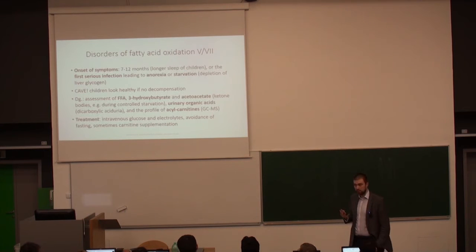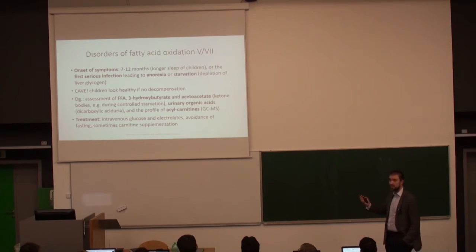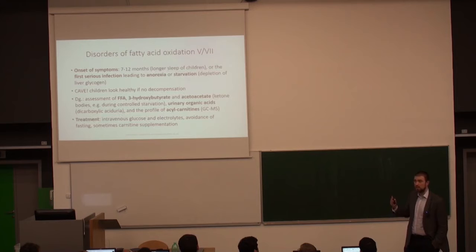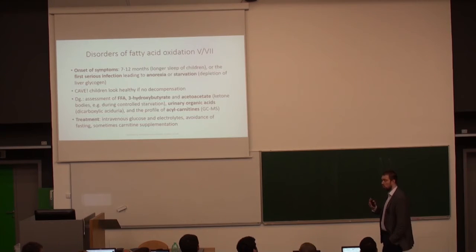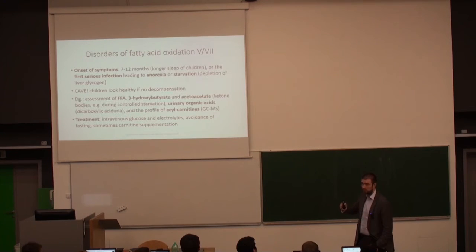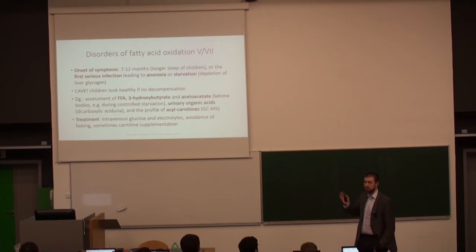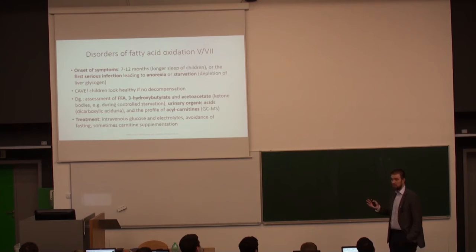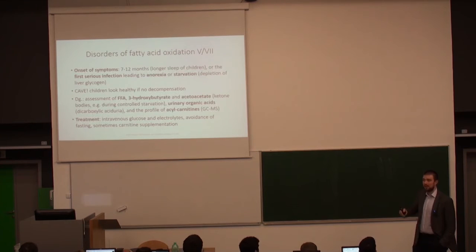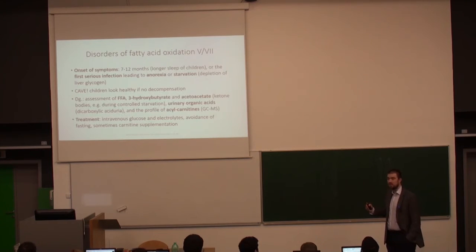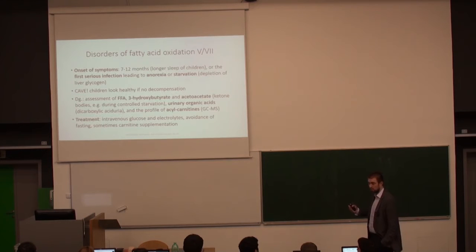This will release the metabolic crisis since the body is not able to shift from the well-fed state to the starvation. That means that the body is not able to produce enough glucose and enough ketone bodies to supply the body with an alternative energy source.